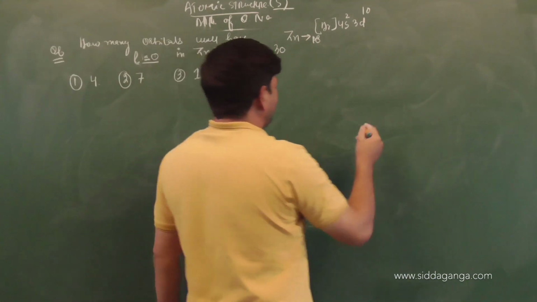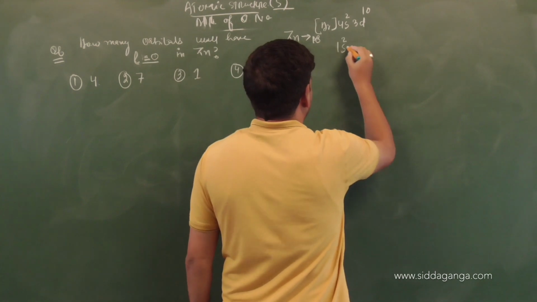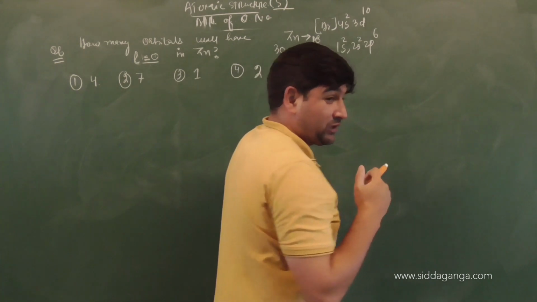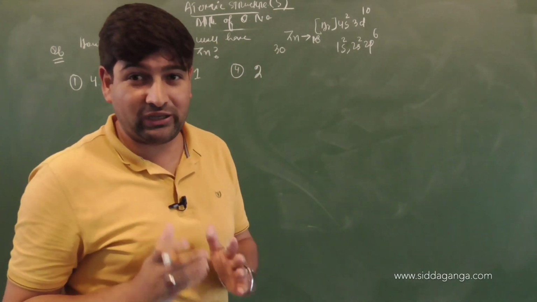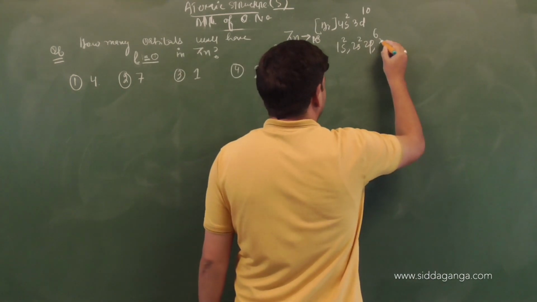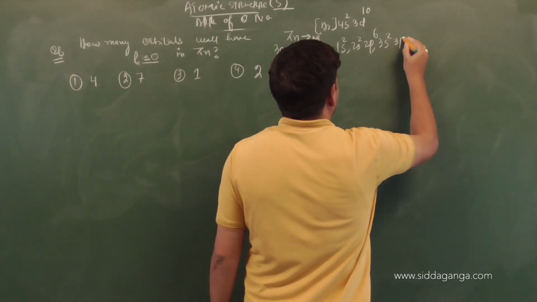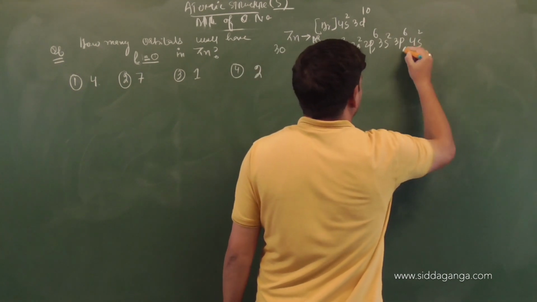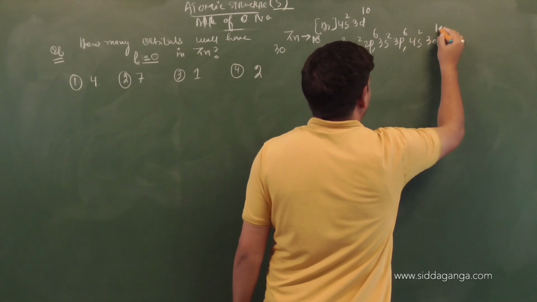If you want to expand it, you can write it down. 1s2, 2s2, 2p6. We are not doing these configurations theoretically now. We have understood how we write electronic configuration. 1s2, 2s2, 2p6, 3s2, 3p6. Then you got 4s2, then you have 3d10.